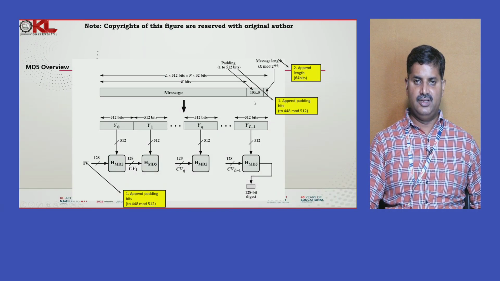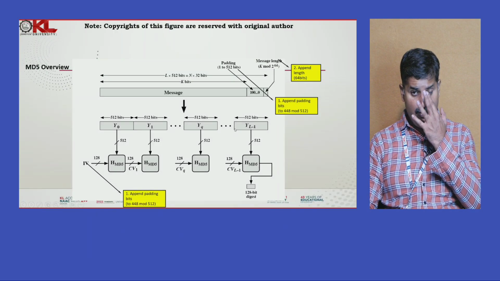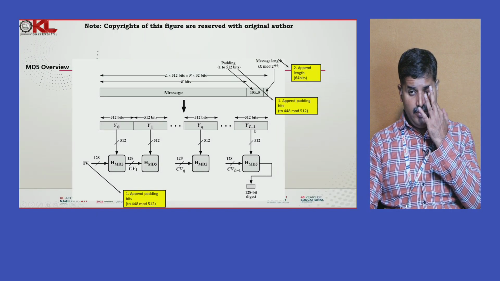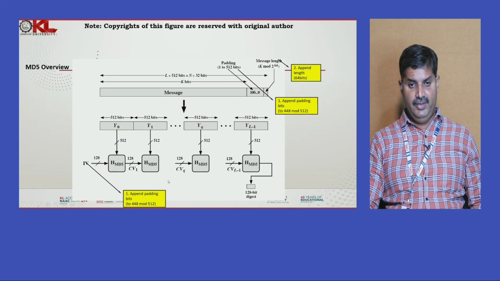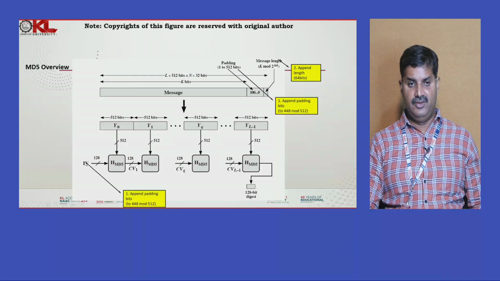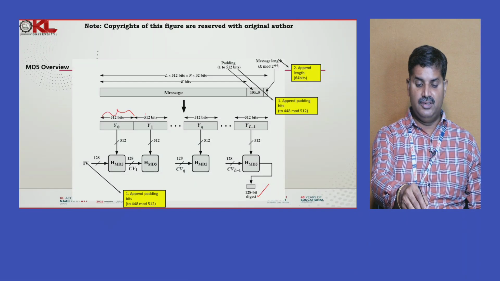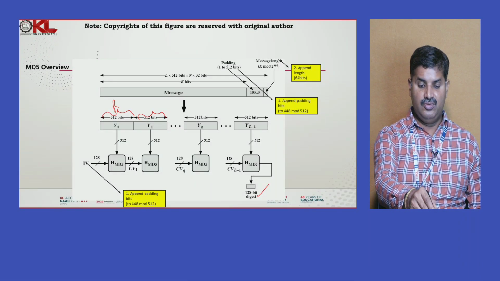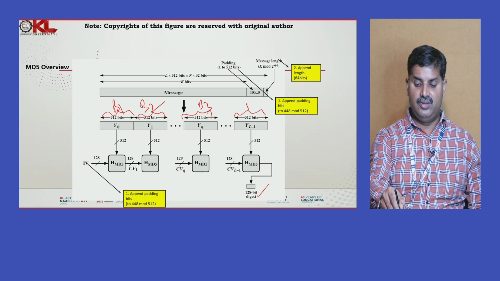Here the entire message of k bits is divided into 512-bit blocks. Each 512-bit block is represented by Y0, Y1, up to Yq and YL-1, where each block is digested through the MD5 compression function with initial value IV, producing the 128-bit digest. Here we have block 1, block 2, block 3, and the last block.